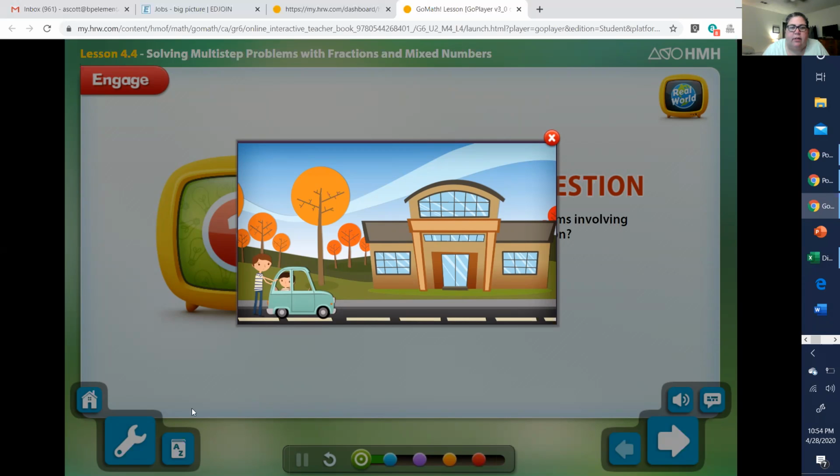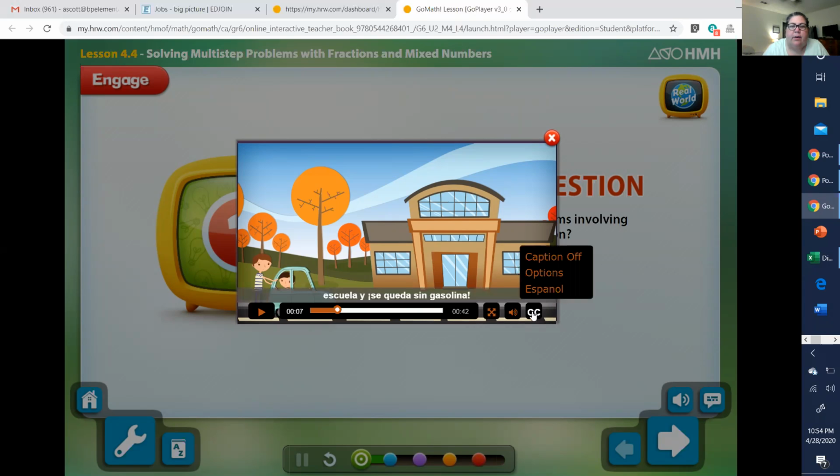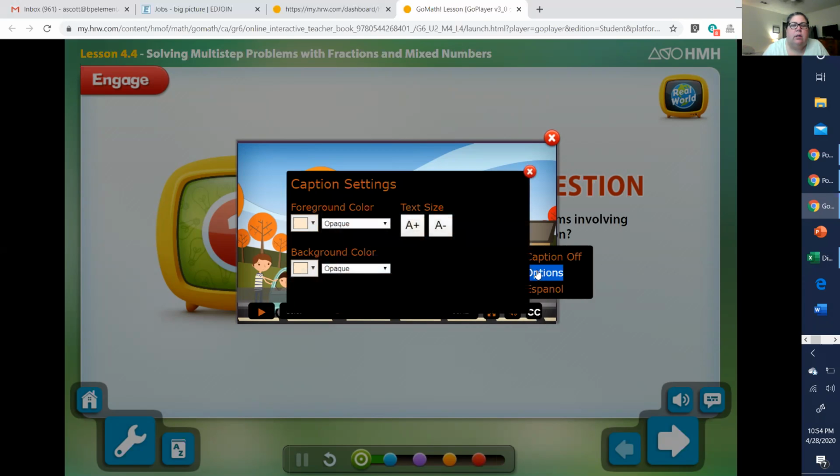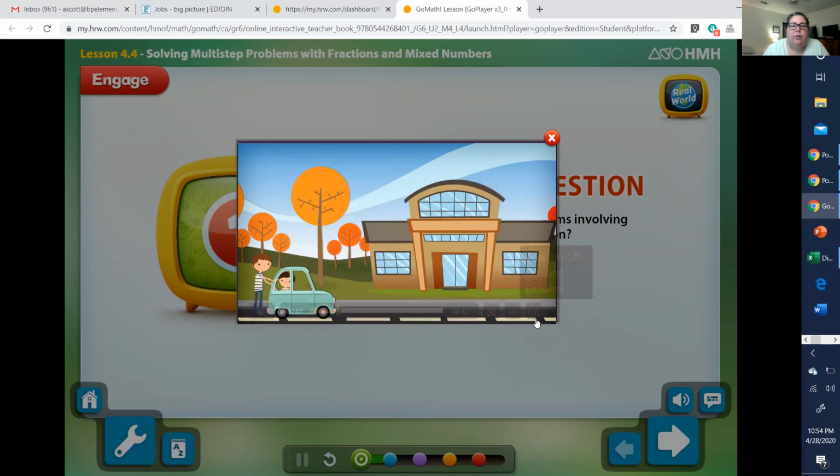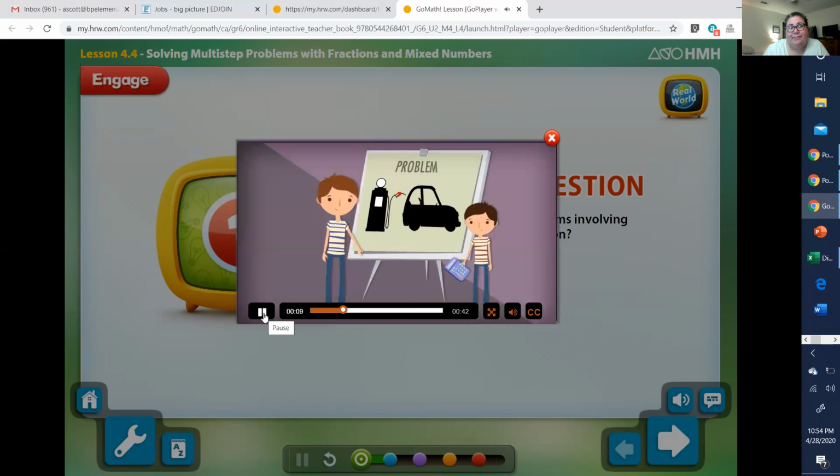I've already started. Closed captioning, there you go. Not in Espanol. Options. Why would it only do captions in Espanol? Okay. All right, well, take my word for it, they're talking. I hope you can hear it.